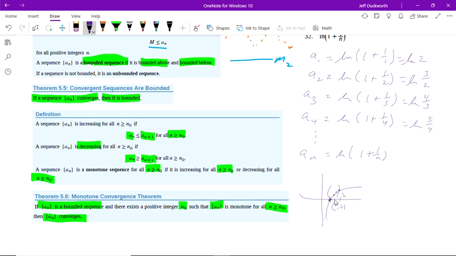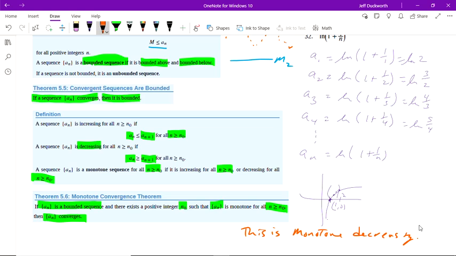That's the range of where you're at. Each individual one after it is getting smaller. So very simply, it's going to be monotone decreasing. It's always going down. ln of 2 is larger than ln of 3/2, which is larger than ln of 4/3, and so forth.